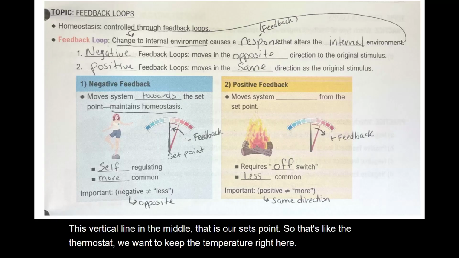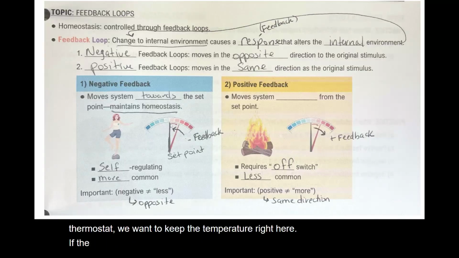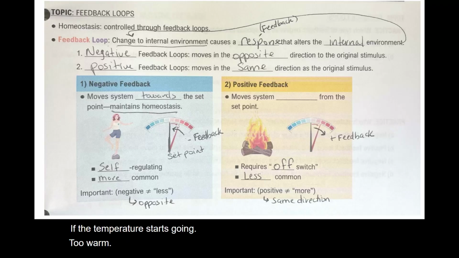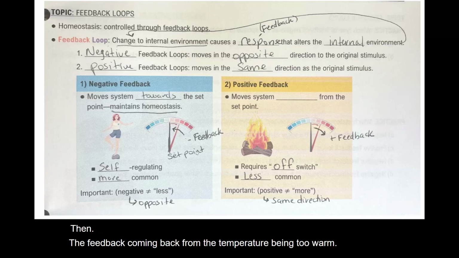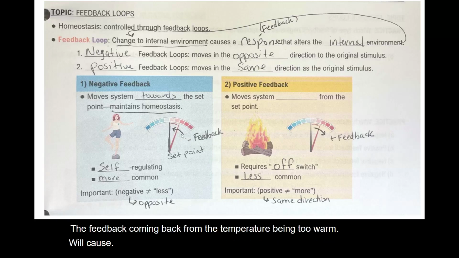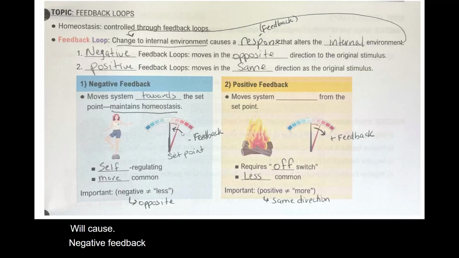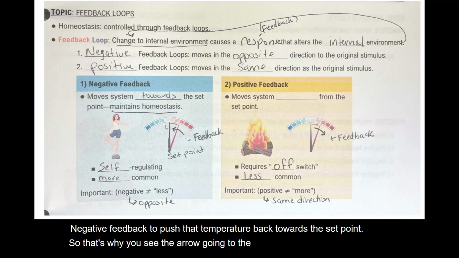Well, if the temperature starts going too warm, then the feedback coming back from the temperature being too warm will cause negative feedback to push that temperature back towards the set point. So that's why you see the arrow going to the right here.